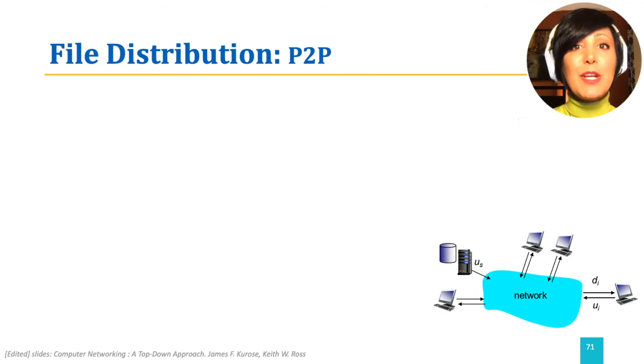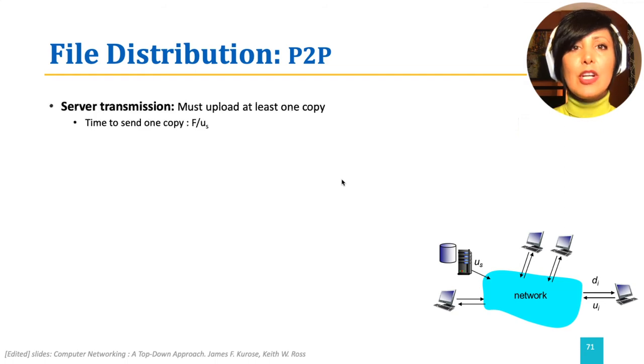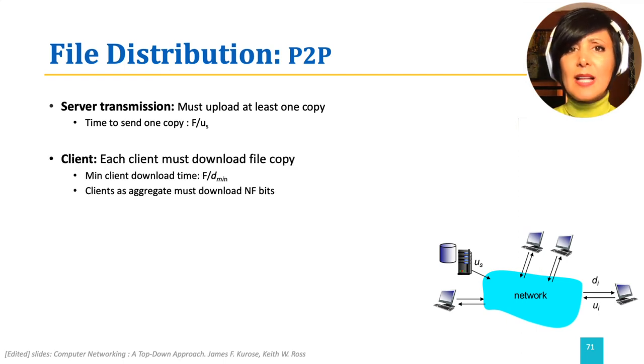Now, the peer-to-peer architecture. At the beginning, only the server has the file. The server needs to upload at least one copy of the file. Each client must download the file. Remember, the longest download belongs to the client with the minimum download capacity. But each client, after their download, can contribute to the next uploads.